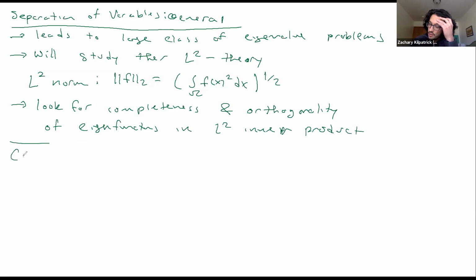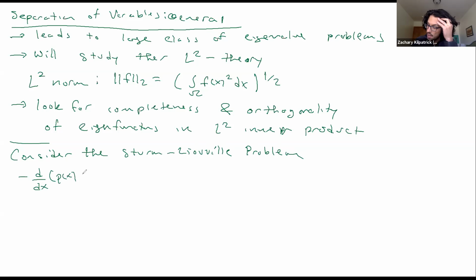So just to jump right into it, I'm going to write down the general eigenvalue problem that you get by studying any number of second order linear PDEs. They could have variable coefficients, right?